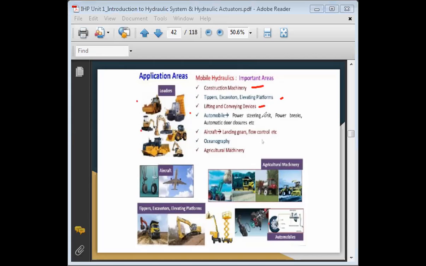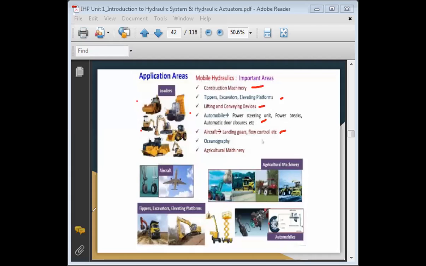In the automobile also, mobile hydraulics are used: power steering unit, power brakes, automotive door closure, etc. Then aircraft is again an important area of mobile hydraulics, where fluid power is used.